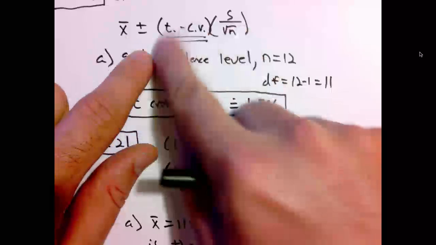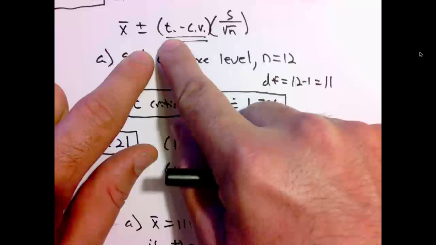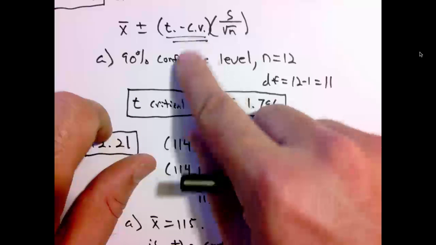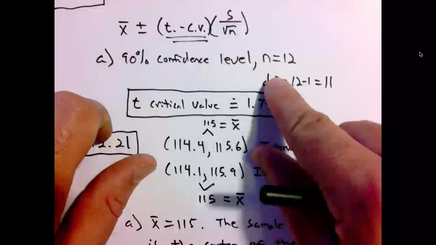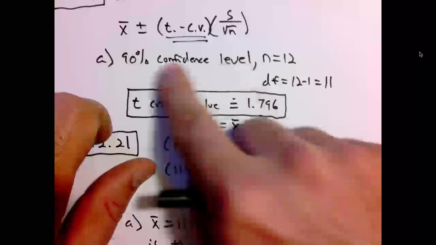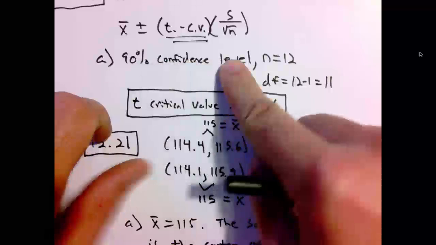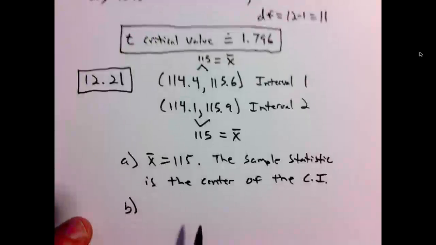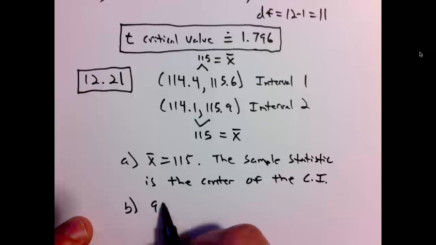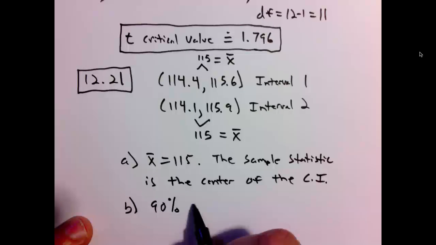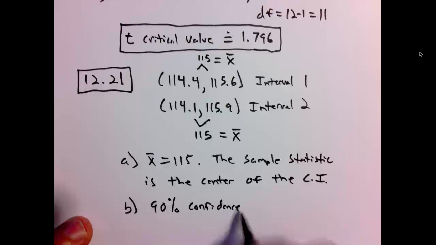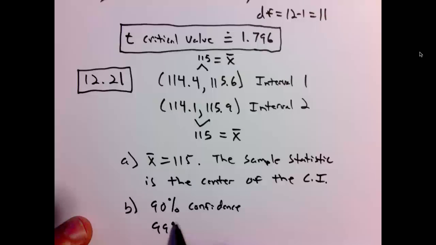So the only thing that's different is this t critical value. The t critical value deals with the confidence level and the degrees of freedom, but the degrees of freedom are the same, so the only difference is the confidence level. So which one's 90% and which one's 99%?